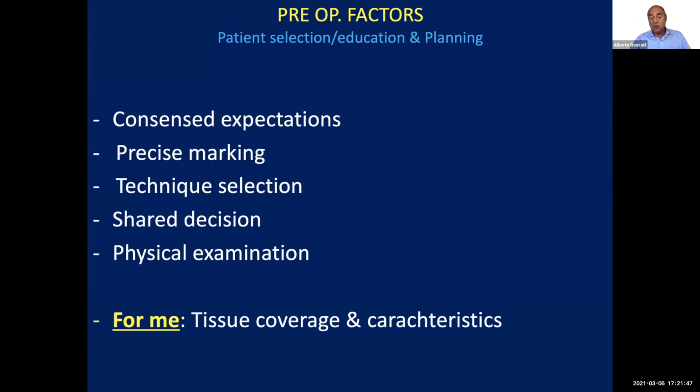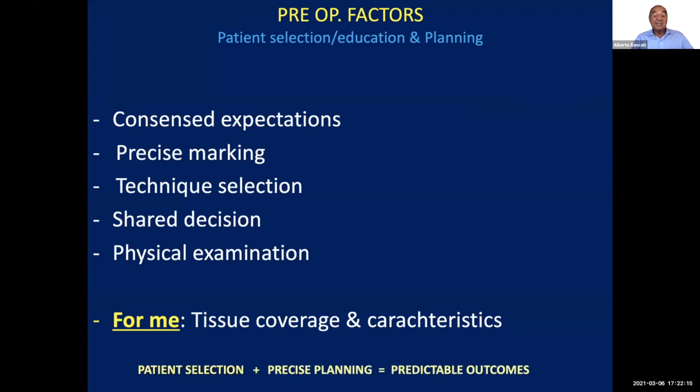For me, this is the most important individual factor when you are working, for example, in a reconstruction or a breast augmentation. Tissue coverage and tissue characteristics tell you what will happen in time. It's not important what happened in the month after, but a year after, you will see different results making the same, just based on tissue coverage and tissue characteristics.